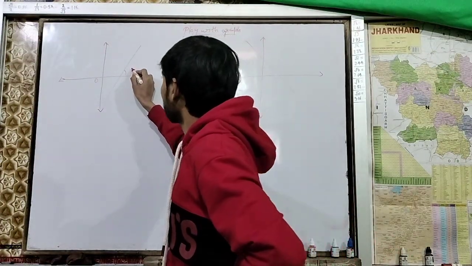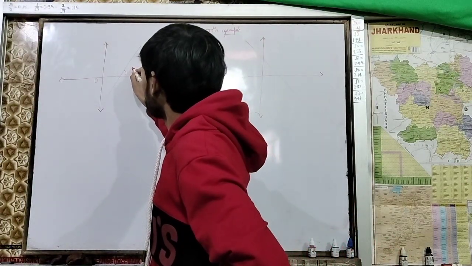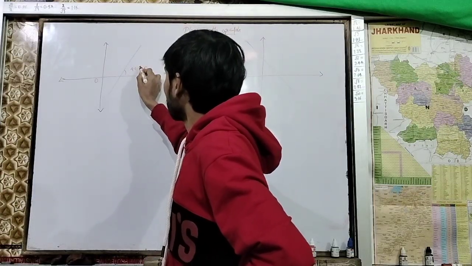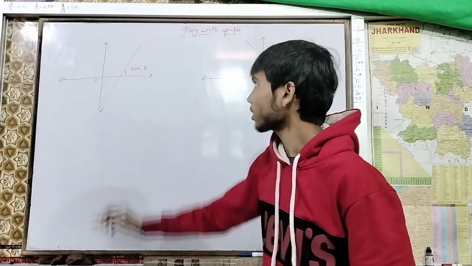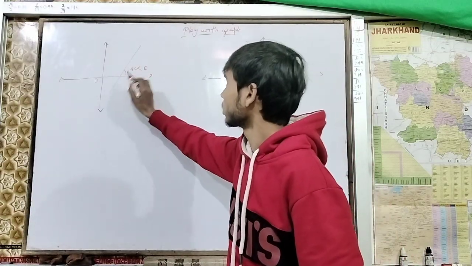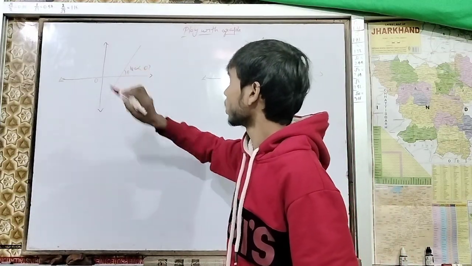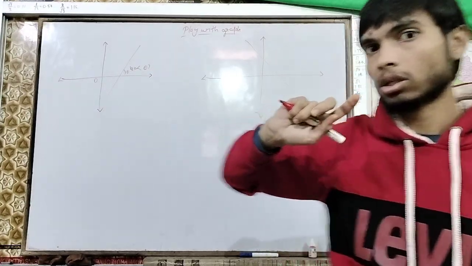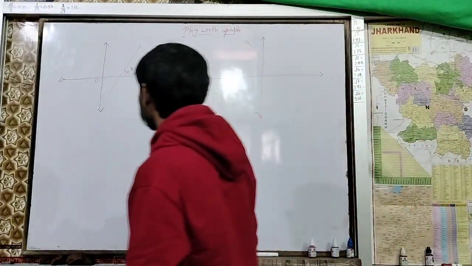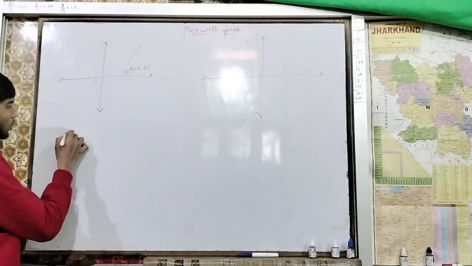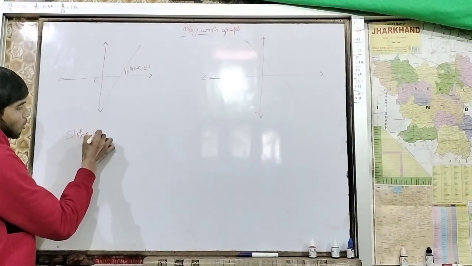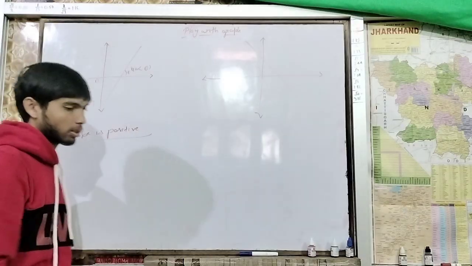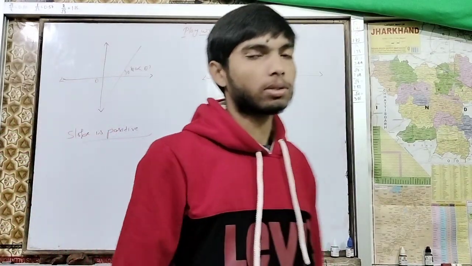So this is our theta. It is telling you that the value of theta is less than 90. So in that case, as I told you, the slope is positive. That is how you will answer.